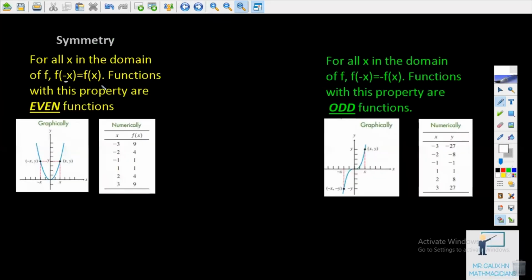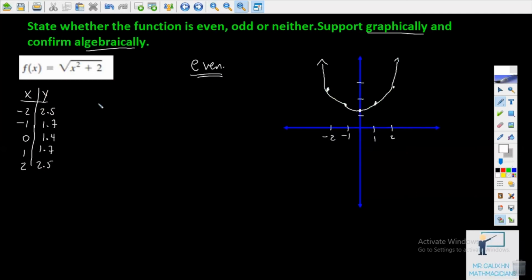The confirmation for even is this one here. We're going to make that confirmation. So we are going to substitute a negative inside every x that we have in the function. And if it gives us the same function, then we are going to say that it's even.